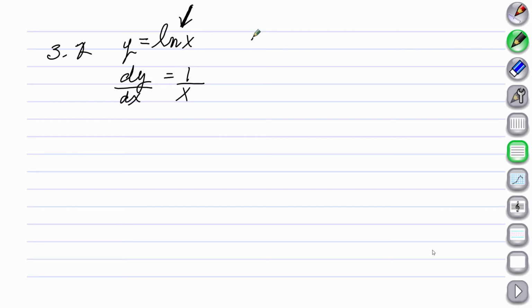If you have the derivative of ln of something more complicated, maybe x squared plus 2, then the derivative is 1 over u times the derivative of u with respect to x.